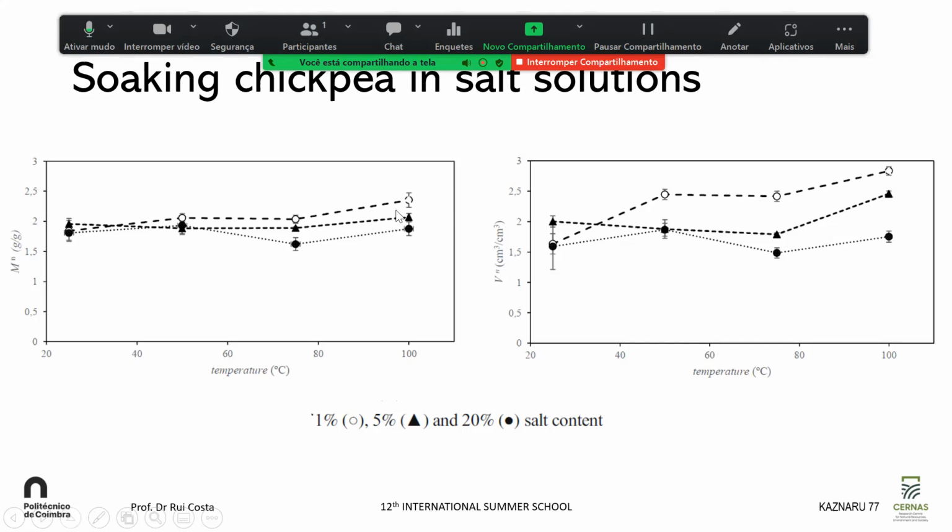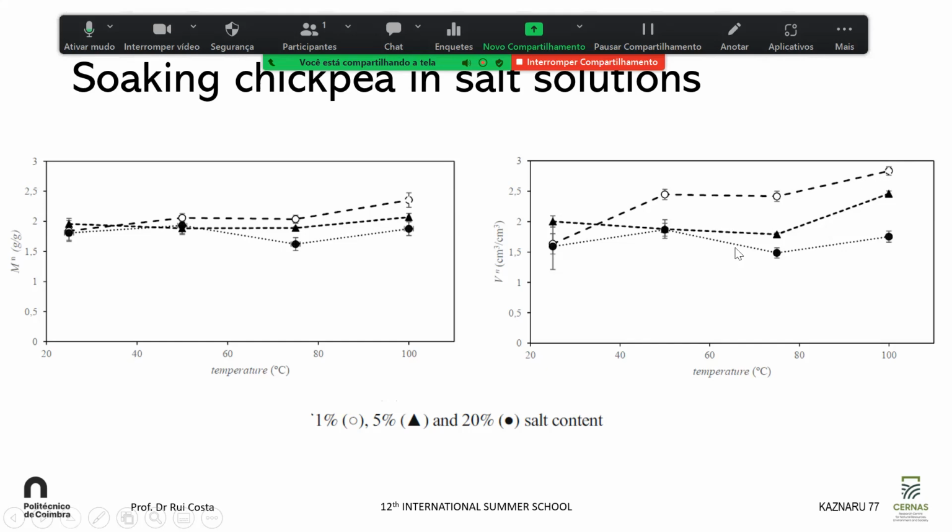But this difference is quite dramatic in terms of volume. In terms of volume, we have a high value of volume increase at 1%, and this is even higher than soaking in water.